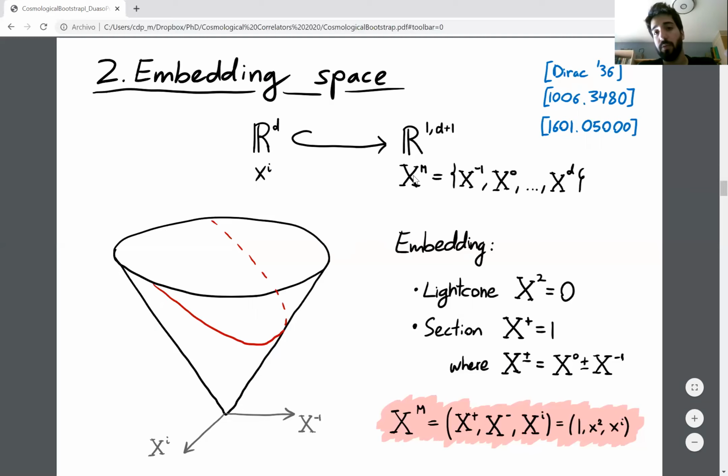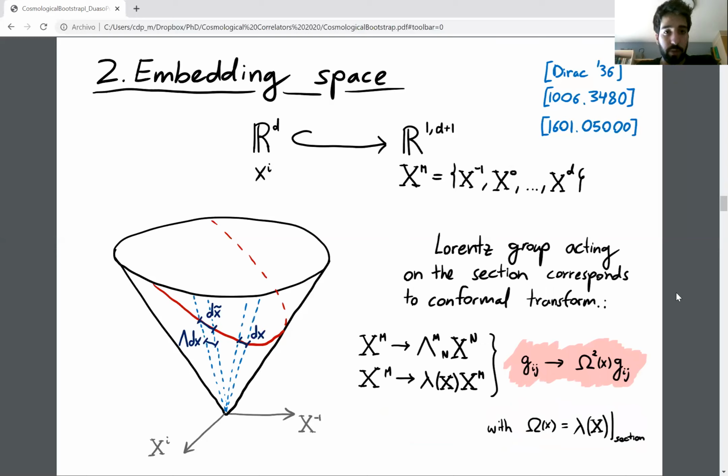And this higher dimensional space will have coordinates capital X. In order to do the embedding, we will restrict to the light cone in this higher dimensional space, and we will restrict to a section of this light cone, which corresponds to taking this light cone coordinate equal to 1. The coordinates that are left, we call them x^i, and we will identify them with the coordinates of the lower dimensional space, so that the embedding has this form.